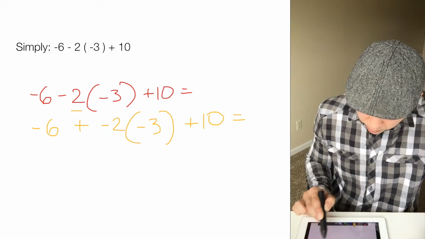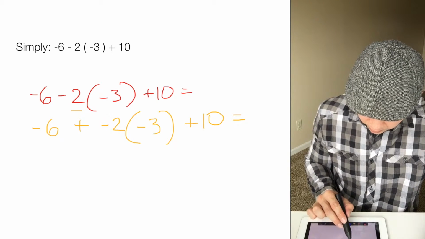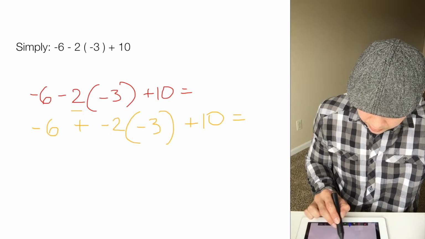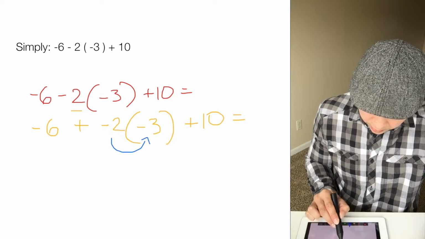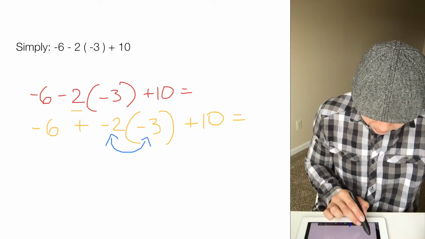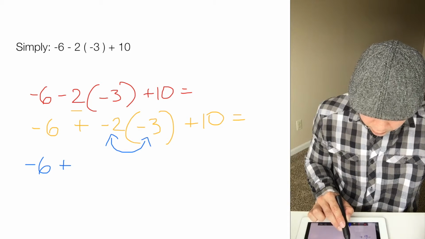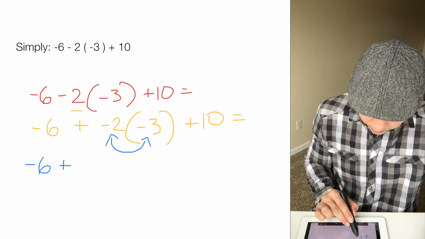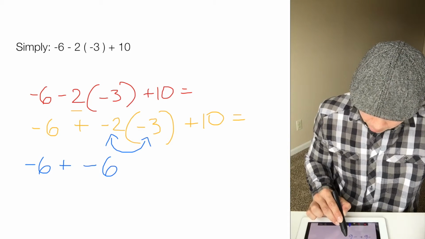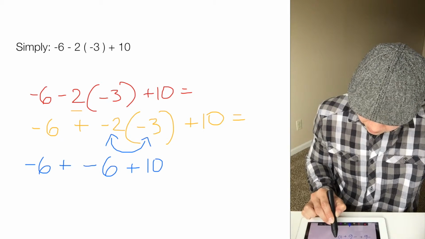So we know the first thing we're going to do is multiplication, before the addition. So these two terms are being multiplied. So we have -6 plus -2 times -3 is -6 plus 10.